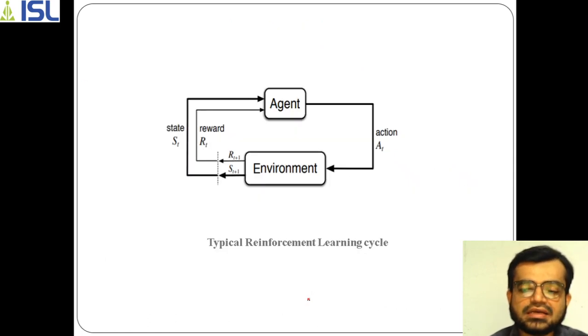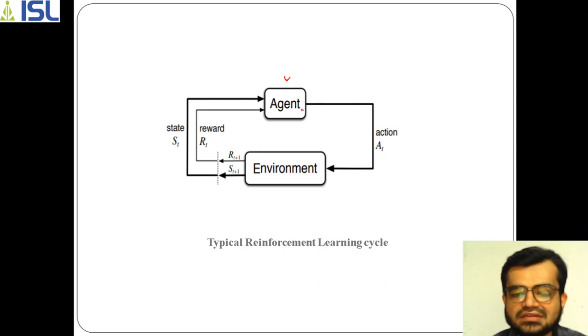If you see classically how the reinforcement learning cycle performs, I said that one agent is there, and this agent can be a software program. If you take a robot, you can call that an agent as well. The agent is in one state, and that state has to be selected from the given set of environment.